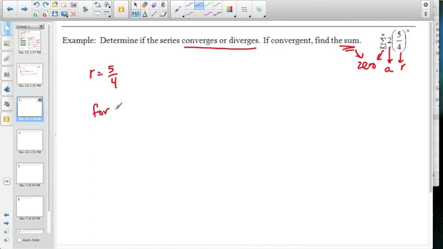For divergence, the absolute value of r has got to be greater than or equal to 1. And it is, it's 5/4.